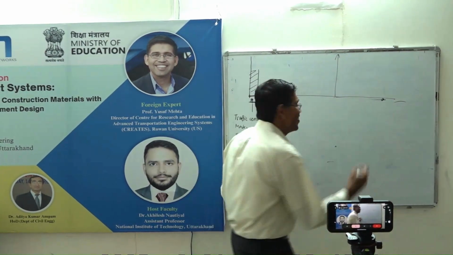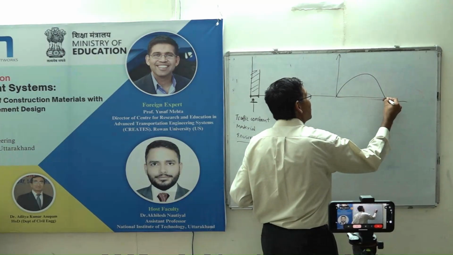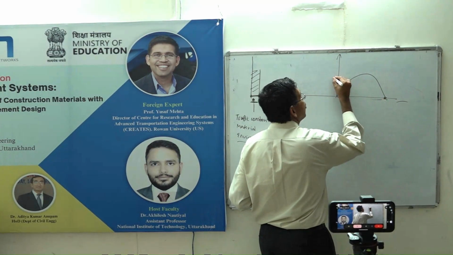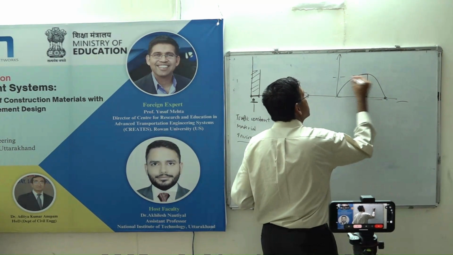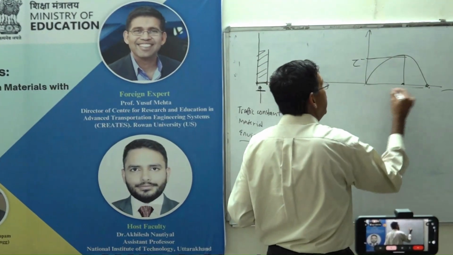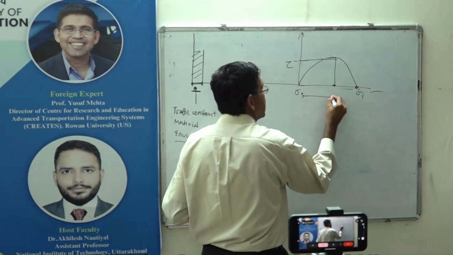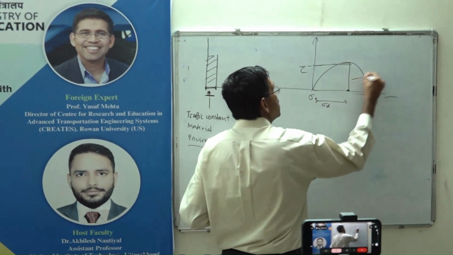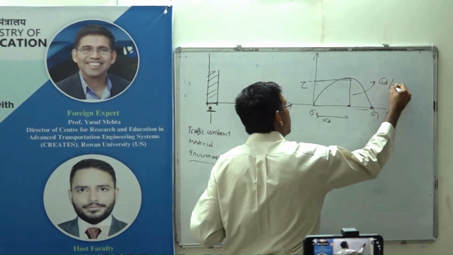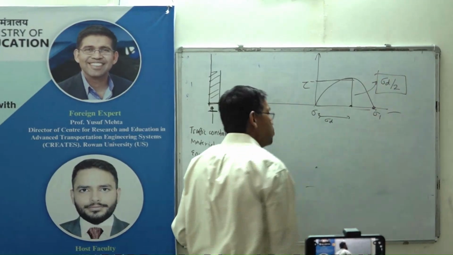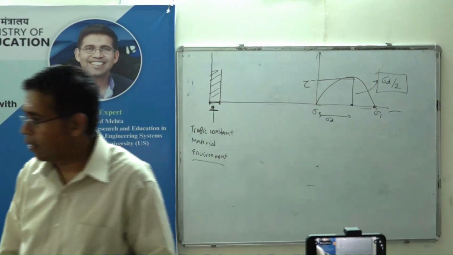So right here you look at the Mohr circle, and you have your sigma, this is your tau, and that's your principal stress, sigma 1, sigma 3. That's your sigma D. Your tau octahedral is sigma D over 2. That's your Mohr circle as well.